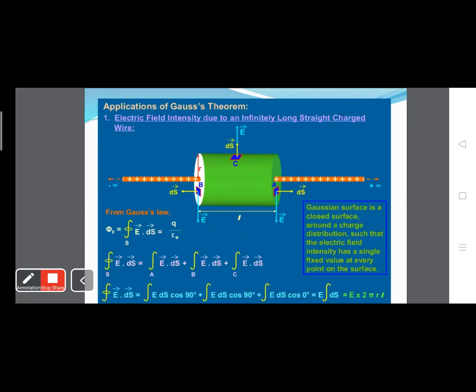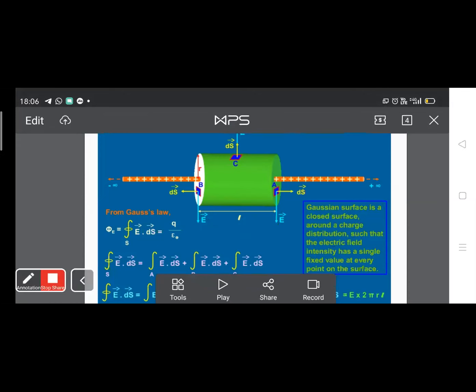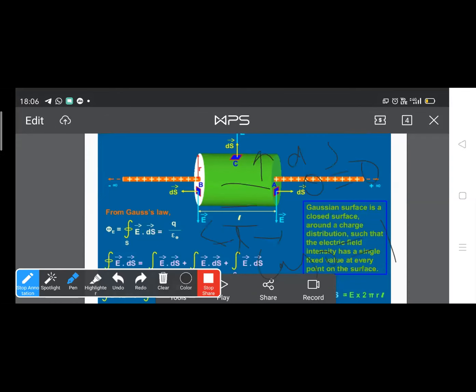At the ends of the Gaussian surface, E and dS are perpendicular to each other. That means theta is 90 degrees, at point A and at point B. Since dS and E are perpendicular, the flux through these two ends is 0.